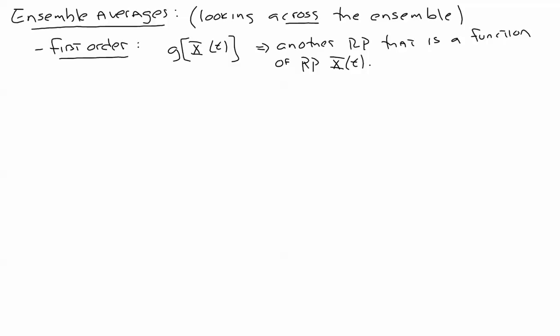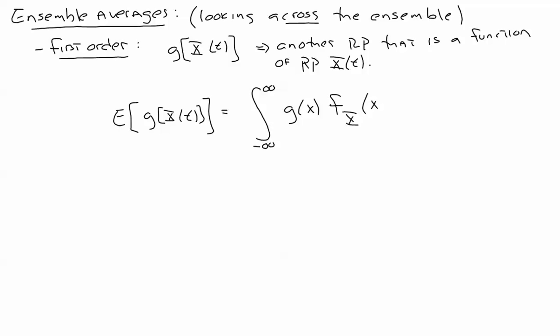The expectation, this is directly analogous to what we did earlier on when we talked about random variables. The expected value, or the expectation of g of x of t is the integral from minus infinity to infinity of g of x times my first order PDF for my random process.